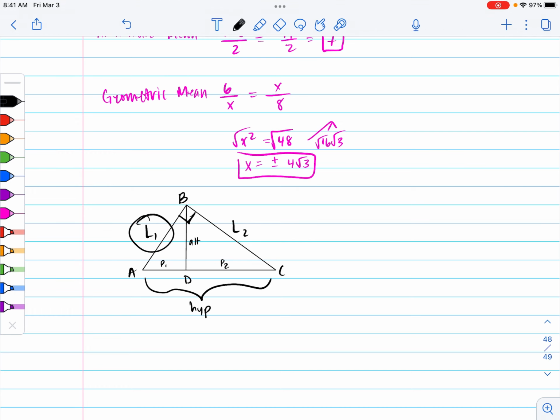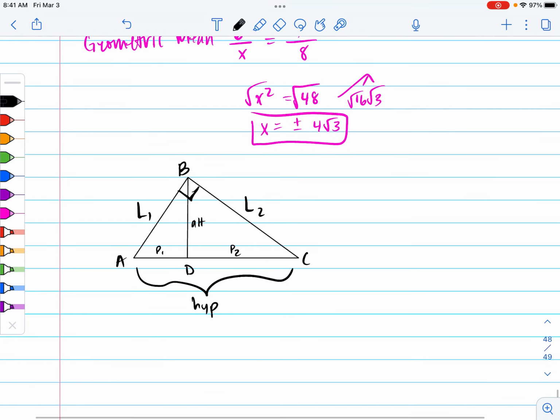So I'm going to call this part 1 and part 2 to coincide with leg 1 and leg 2. Now don't be fooled, part 1 does not equal part 2. It does not split it evenly, but something interesting happens.